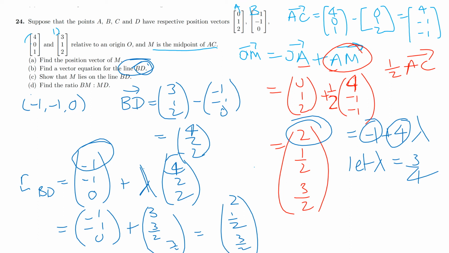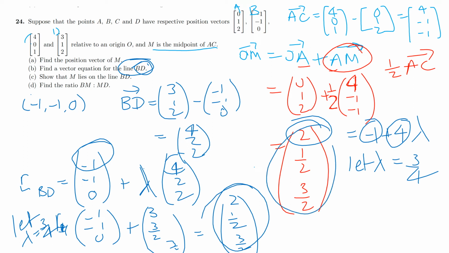So when we let lambda equal 3/4, then our line gives us the point that we were looking for, the point M. Sorry, I've run out of room, but we could say, let lambda equal 3/4, and then we get the point M. Therefore, M must lie on that line, BD.